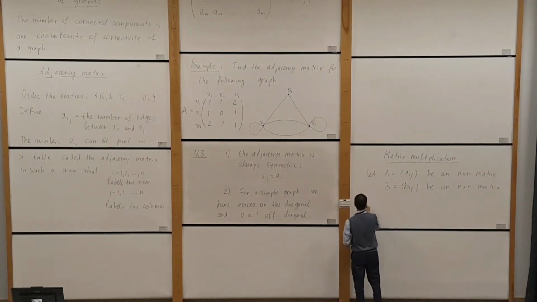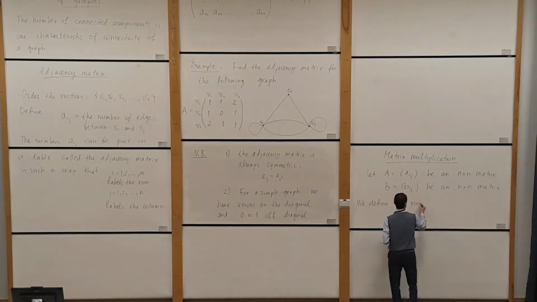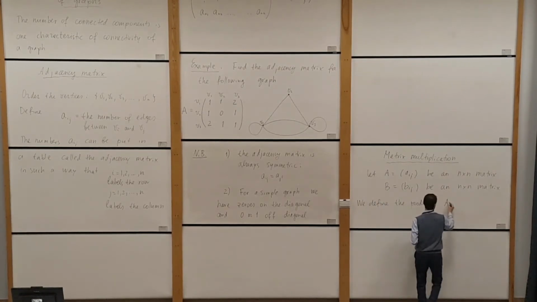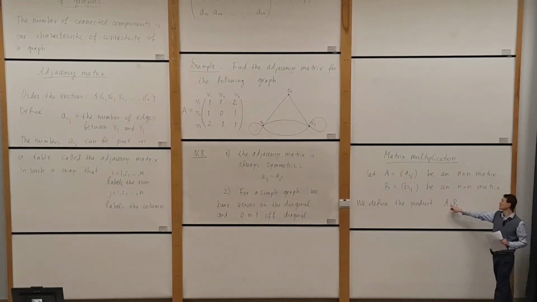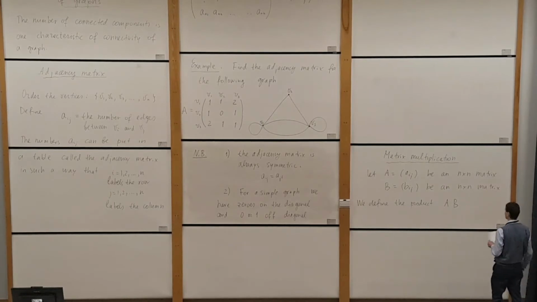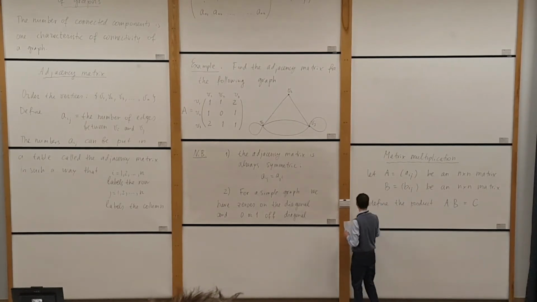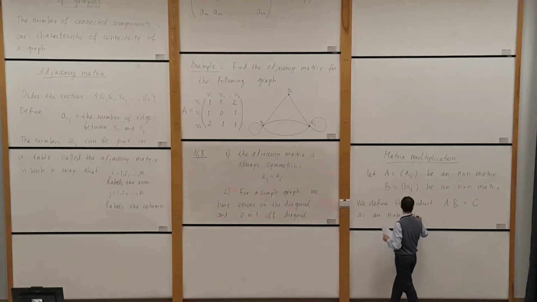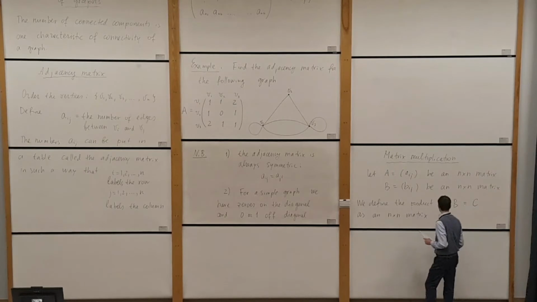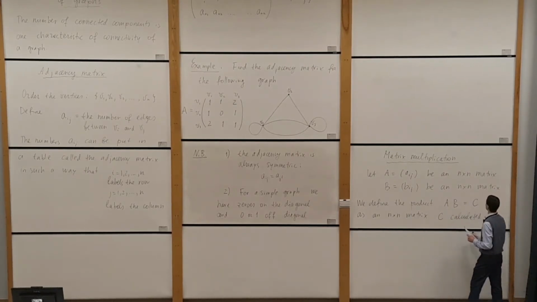We define the product A times B, so you can either put a dot here or a little cross, that doesn't matter, or just put one matrix next to the other. A times B equals C, an n by n matrix C calculated by the following rule.